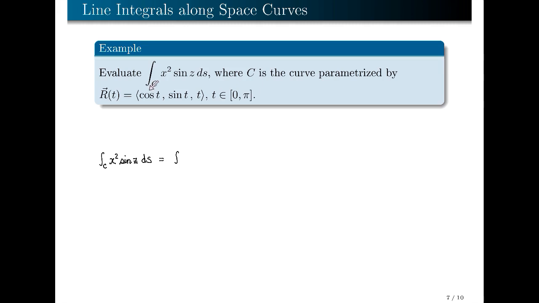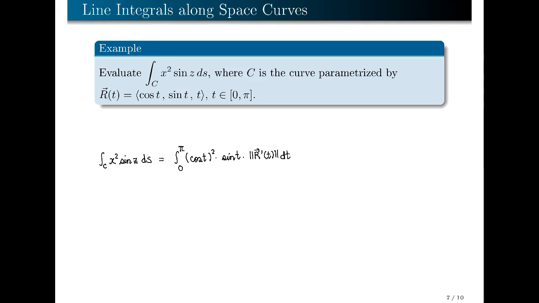Hence, we have the integral of, we need to write x squared sine z in terms of t. Since x is cosine t and z is t, we obtain cosine of t, quantity squared, multiplied by sine of t. Now, ds, if you recall, is just the magnitude of r prime of t dt. And because t is in the closed interval 0 pi, then the limits of your integration should be 0 and pi.